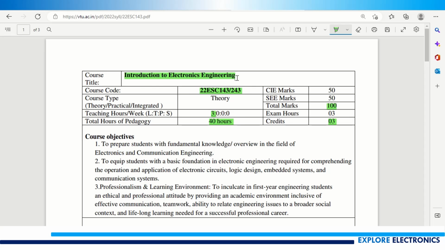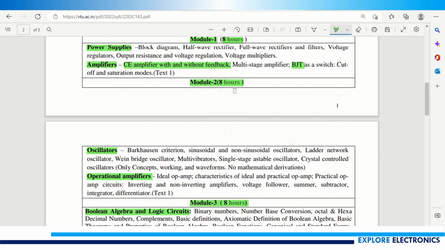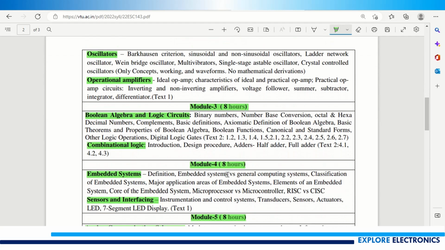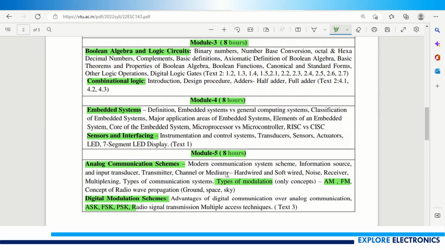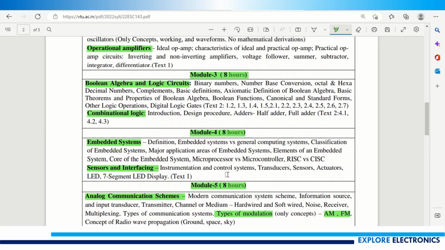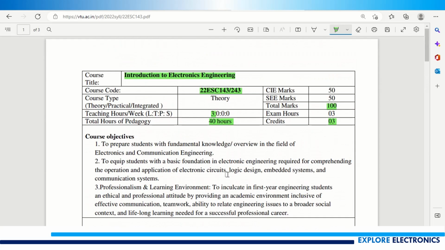So they kept a minimal syllabus, and it is all about the introduction to these concepts. In module 1 to module 5 they tried to cover all the different aspects of electronics. So this is about introduction to electronics engineering.